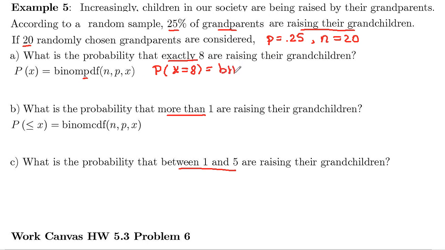So we're going to do binomial PDF. And then we do the number of trials, the probability, and then our X value. So 20 trials, our probability 0.25, and then X was equal to 8.